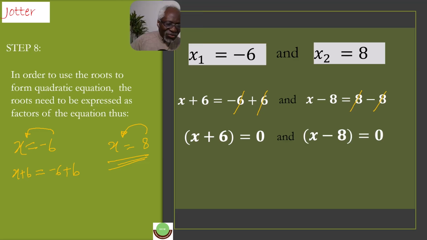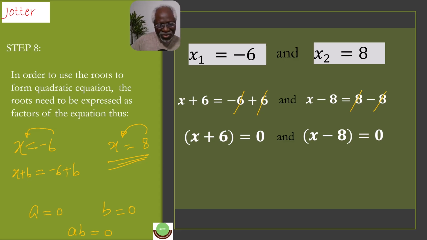If you have a equals 0 and b equals 0, we can write the two of them together as a times b equals 0, because for the left hand side to be 0, a must be 0 or b must be 0, which is the same thing we have expressed above.